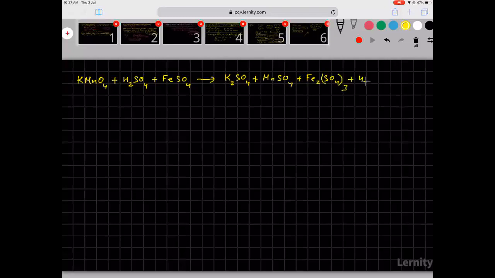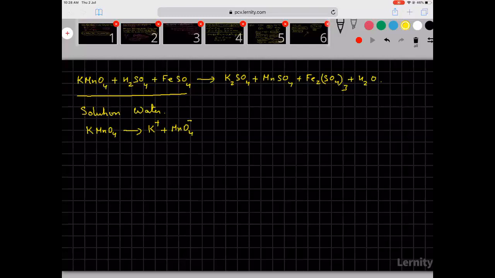Now see, all these things are in solution. Solution means they are all dissolved in water. When you take KMnO4 and dissolve it in water, it gets converted to K plus and MnO4 minus. That means the 2 ions break, the positive ions go separate, the negative ions go separate.